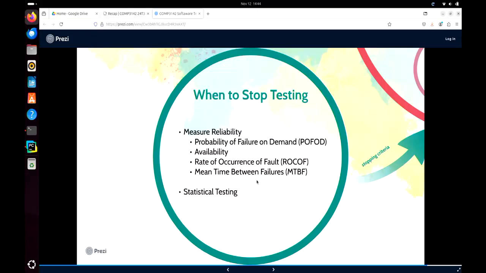Then we can create test cases or design the testing strategy to emphasize those frequently used features, to collect information about all these 4 metrics and to measure the reliability. And if the system is reliable enough, we can stop testing and release the system.